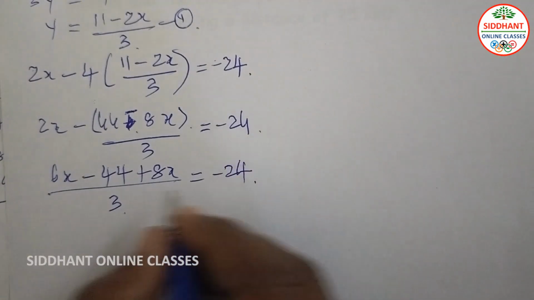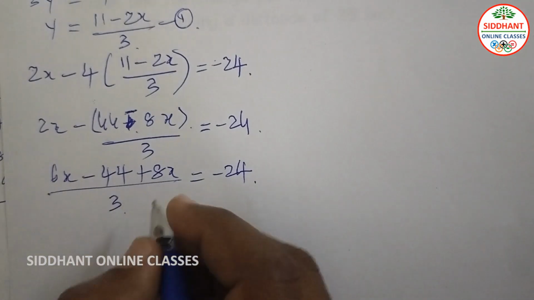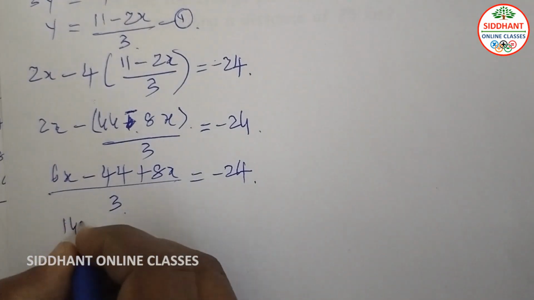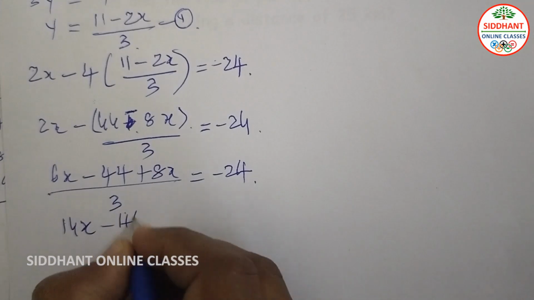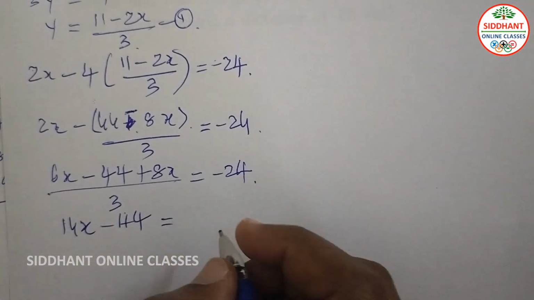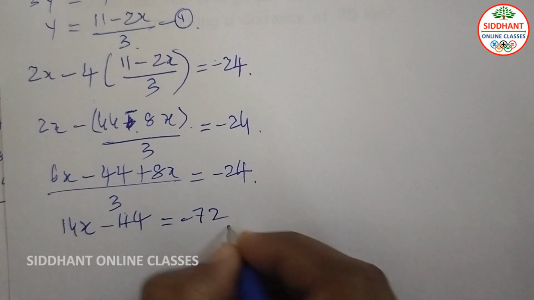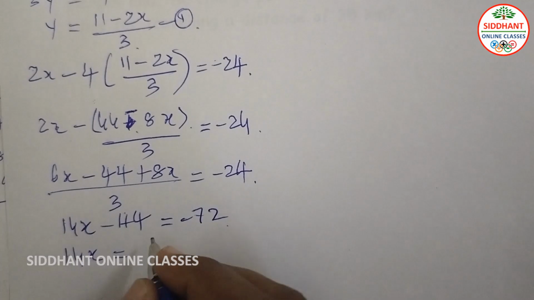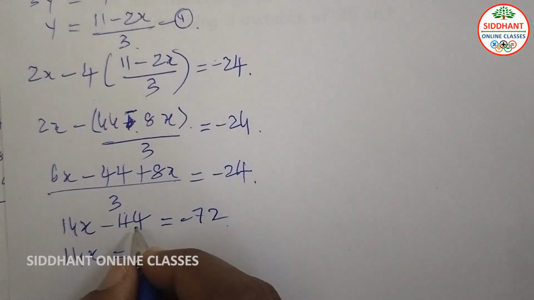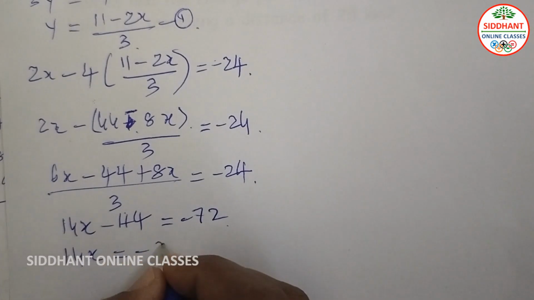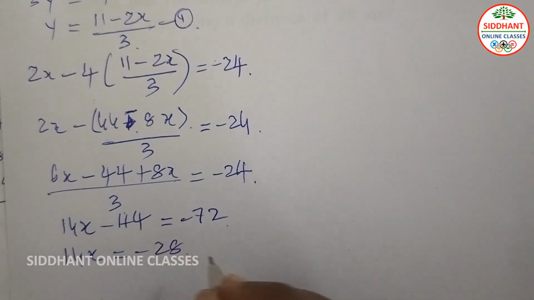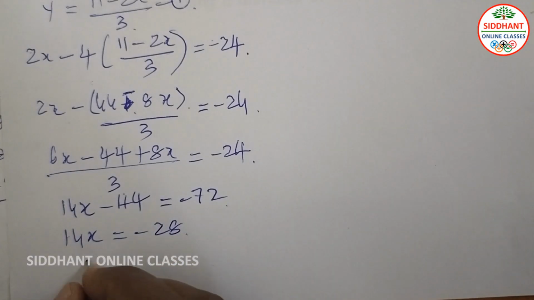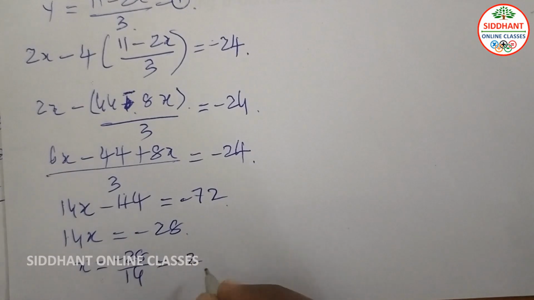So now 6x, 8x, which will be 14x minus 44 equal to 24 into 3, which will be minus 72 here. Now 14x equal to minus 72 plus 44, which will become minus 28 here. So x equal to minus 28 by 14, that equal to minus 2 here.